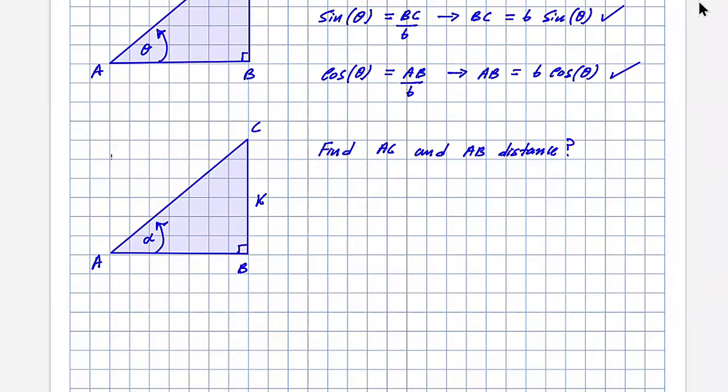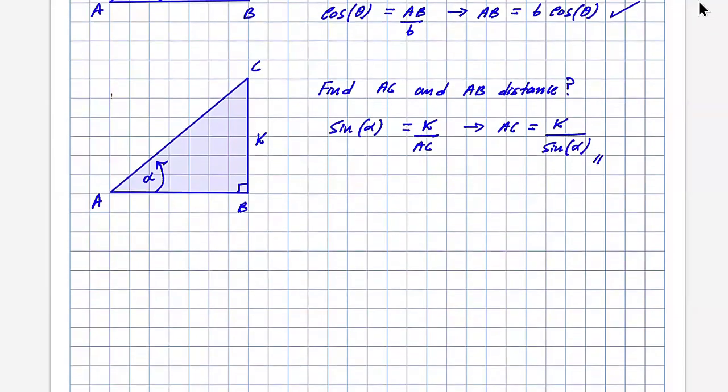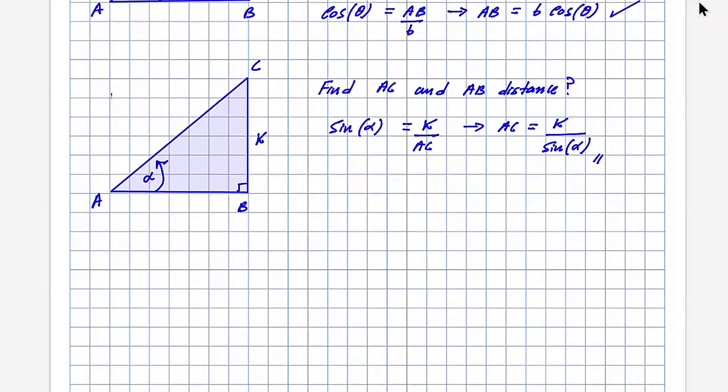Okay, so in here, you can find AC using sine alpha. Sine alpha is K divided by AC. So from here you get AC to be K divided by sine alpha. That is my AC. Then if you want to find AB, you can use cos as well.